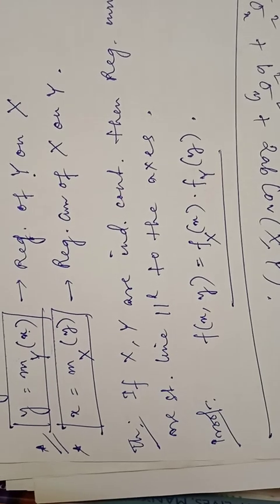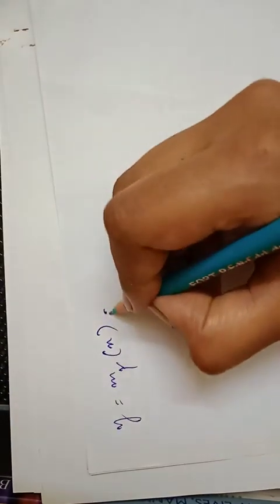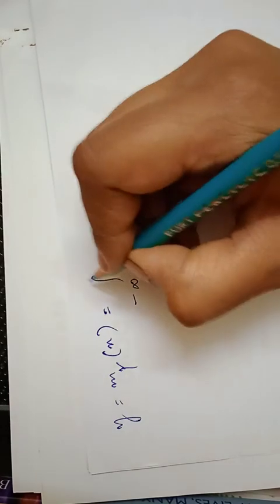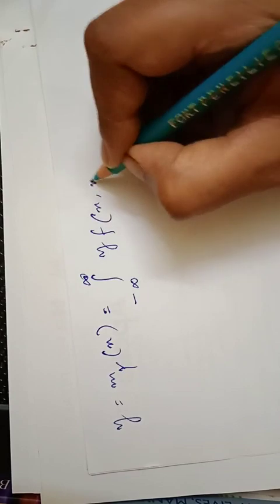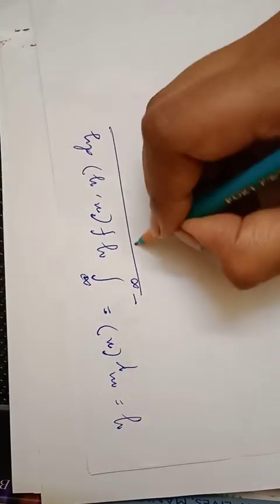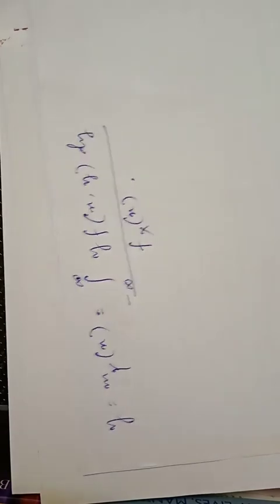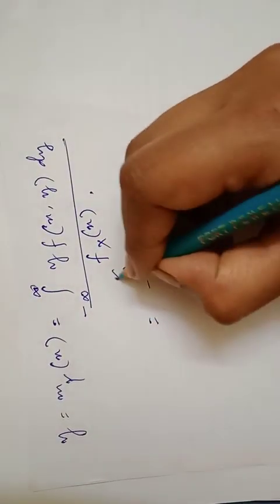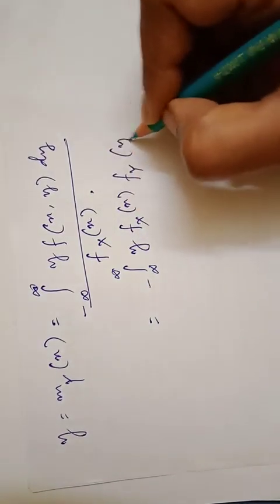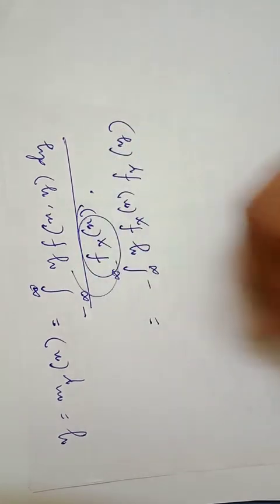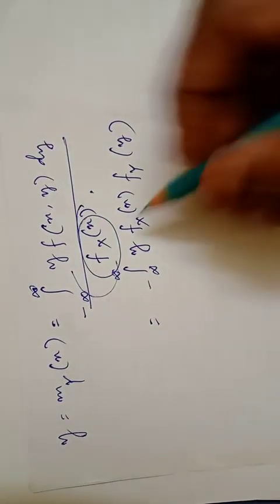So start with the equation of the regression curve. y equals to m(y|x). This is the regression curve of y on x. So m(y|x) is equal to, for the continuous case, integral from minus infinity to infinity of y f(x,y) dy by f1(x). Now this can be written as y f1(x) f2(y), and we can put that thing inside the integration because it does not depend on y.